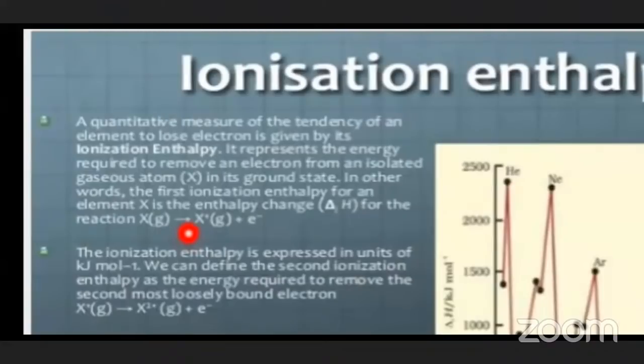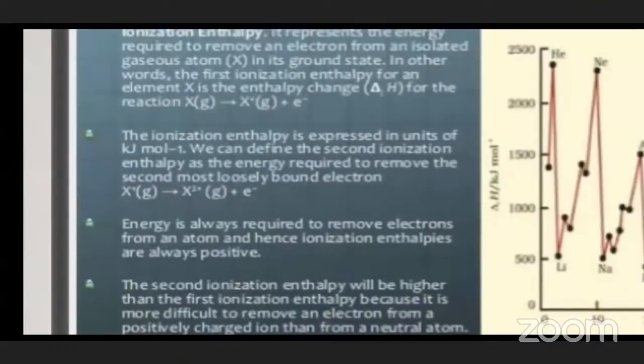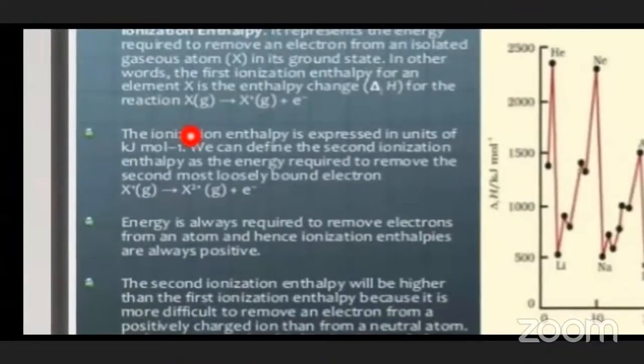After that, if you observe, next point, the ionization enthalpy is expressed. Already we have discussed, atomic radius is measured in angstroms, otherwise picometers. Those are the units. Similarly, this ionization energy is a form of energy. It is always positive. Why? Because we are giving the energy to the atom.